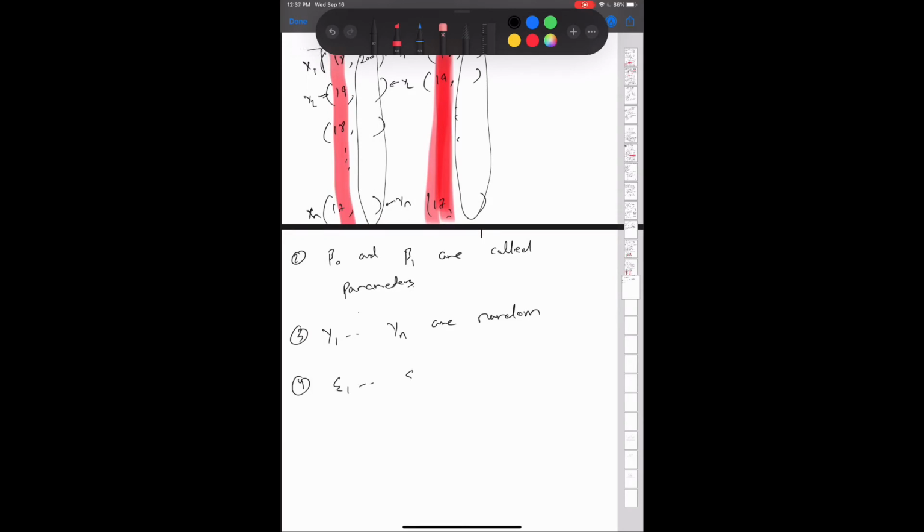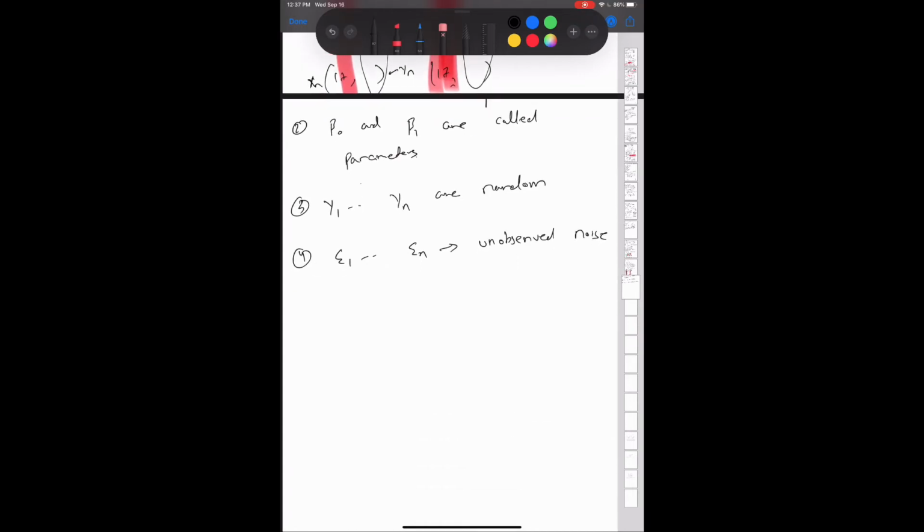E1 through En are called unobserved noise. If I knew E1 through En, I would know the relationship between y1 and x1. If I knew E1, I would know that y1 minus E1 equals beta 0 plus beta 1 x1, and then there is a deterministic relationship between these two.